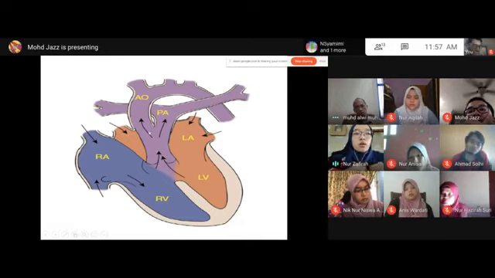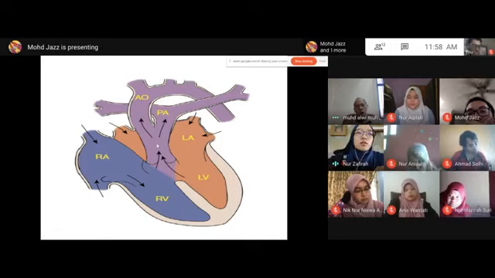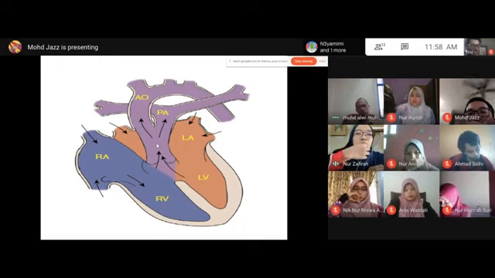So that's why this patient will have cyanosis. So I think that is for the truncus arteriosus.